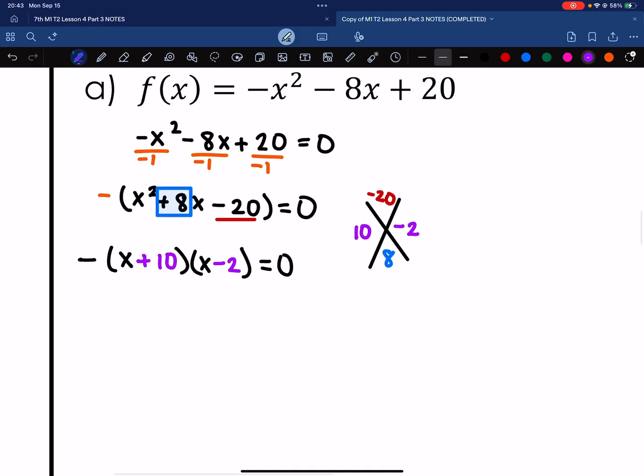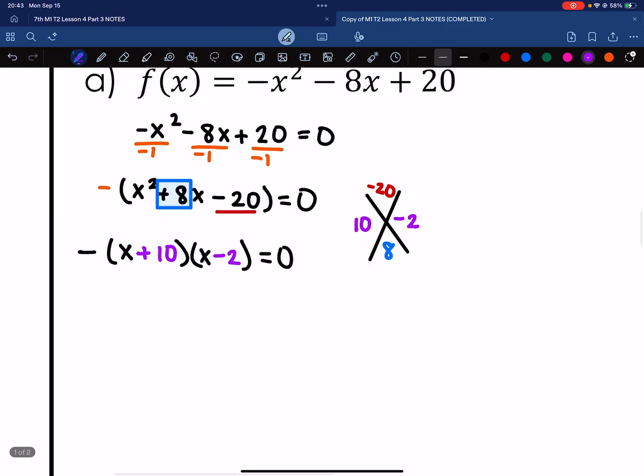This example did not require the slide and divide method because there was no number in front of x squared that couldn't be factored out of everything. Once it's a 1x squared, you don't have to worry about slide and divide.